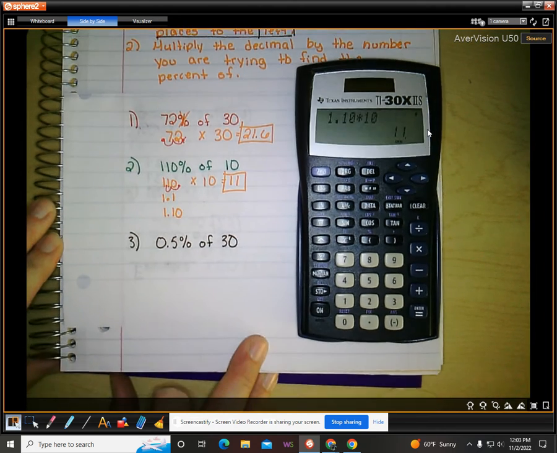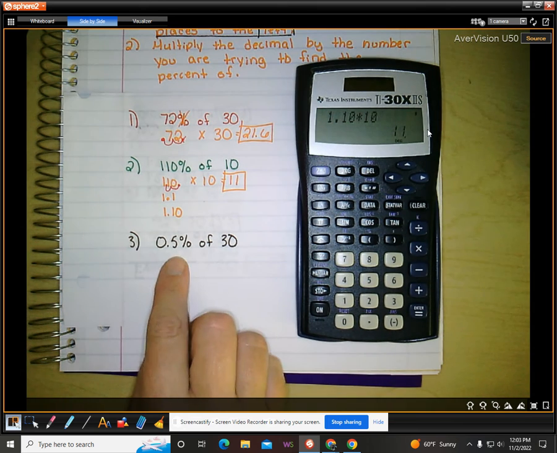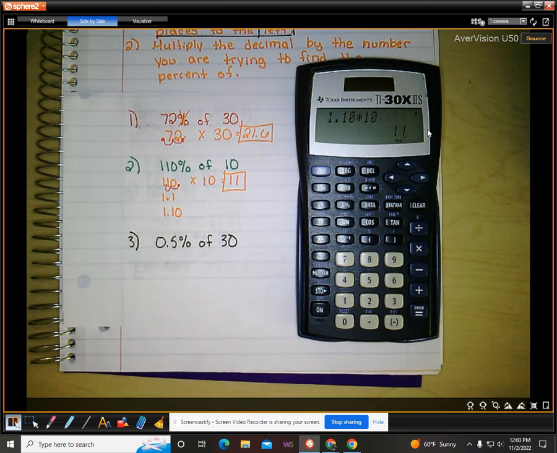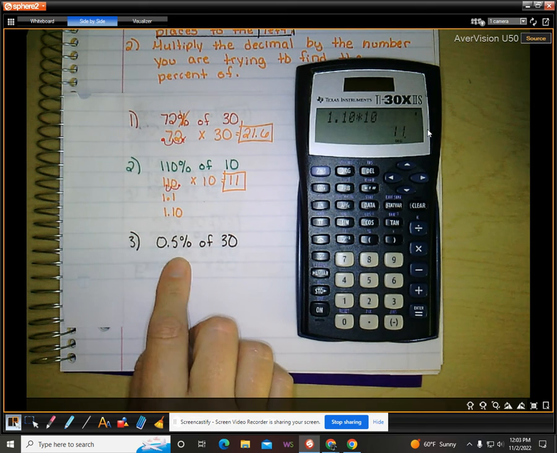This always either tricks us or makes us think a little too much. 0.5% is not much at all. That's why I said this is like a savings account. Banks never want to give you too much money, but they'll charge you money on an interest rate, though. 0.5%.